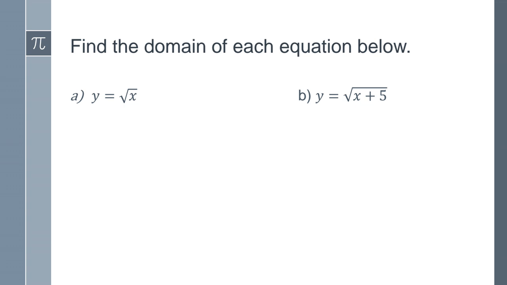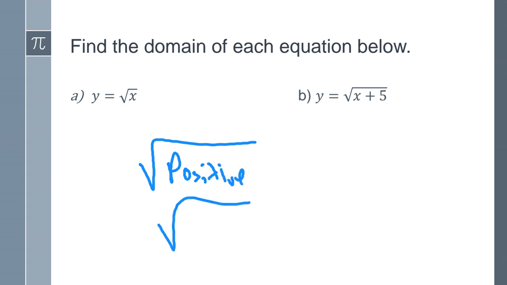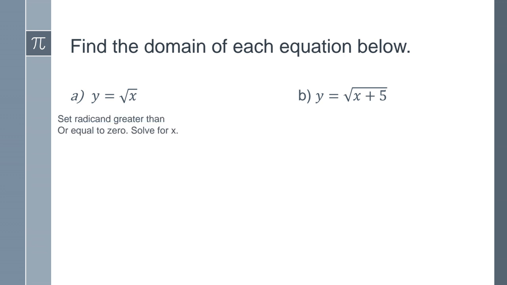Since you have a square root, then you have restrictions. And those restrictions, you want to make sure that inside of the radicand, which is the number inside, has to be positive, because we cannot take the square root of a negative number, for example. So to figure out what those restrictions are, we can set the radicand, which is the number inside, greater than or equal to 0, and solve for x.